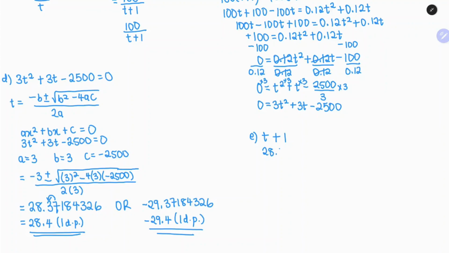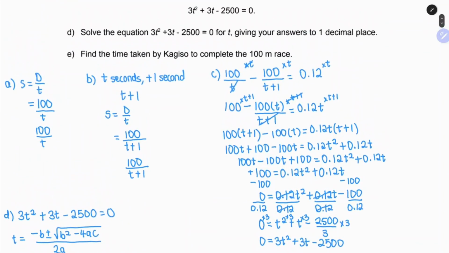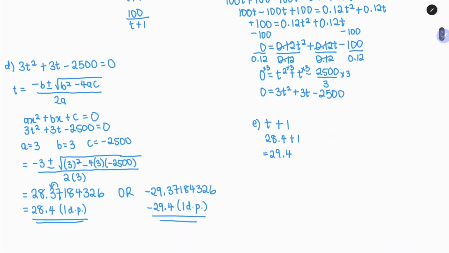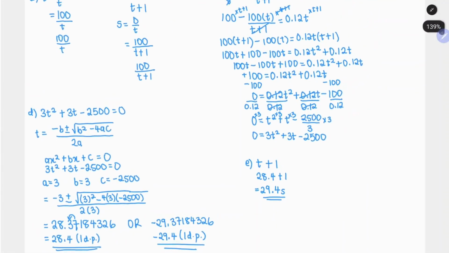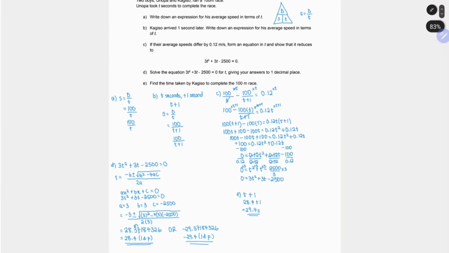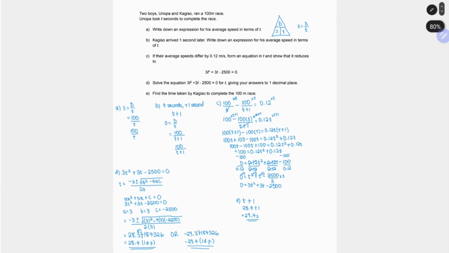You're just going to say 28.4 plus 1, which gives you 29.4, which is going to be 29.4 seconds to be more specific.